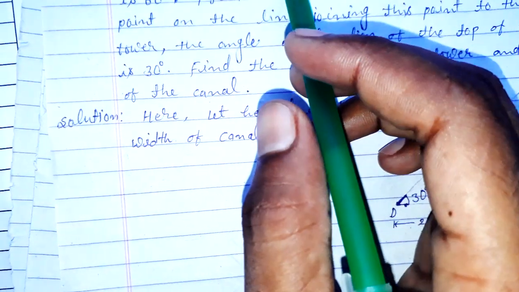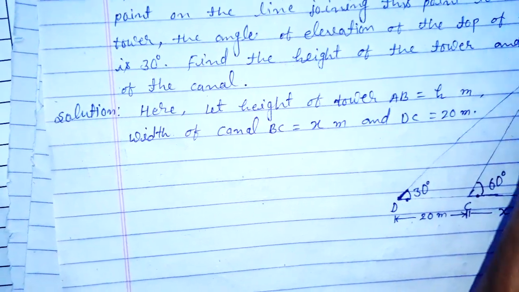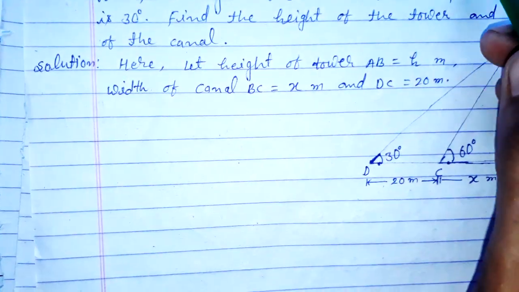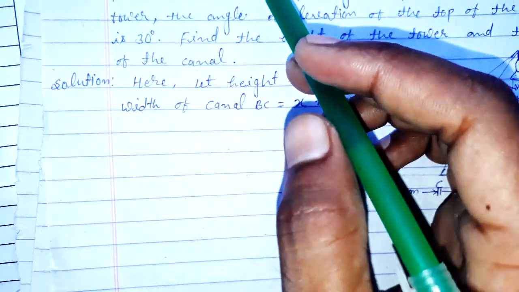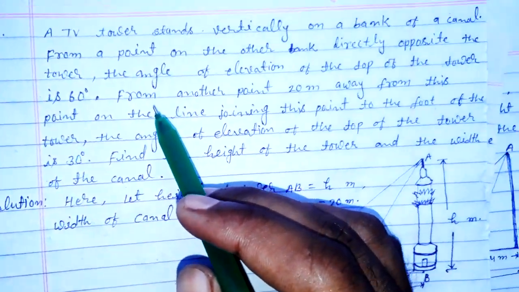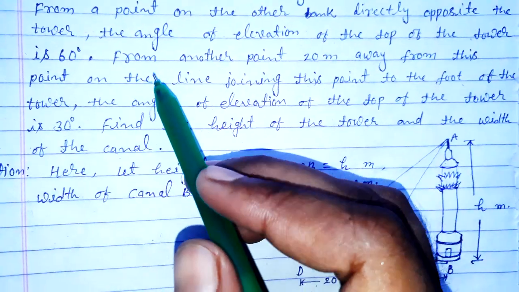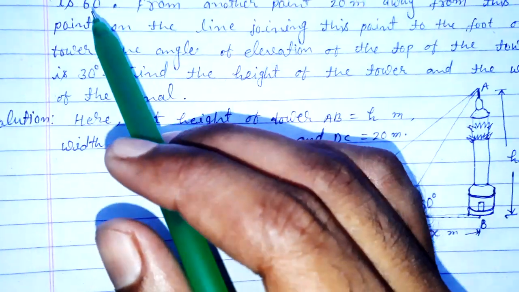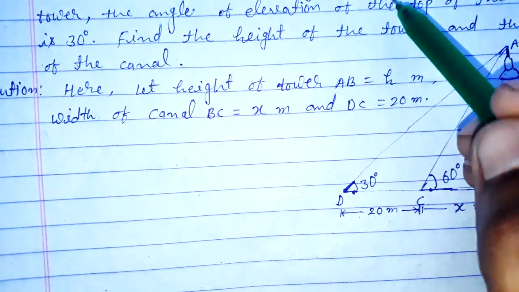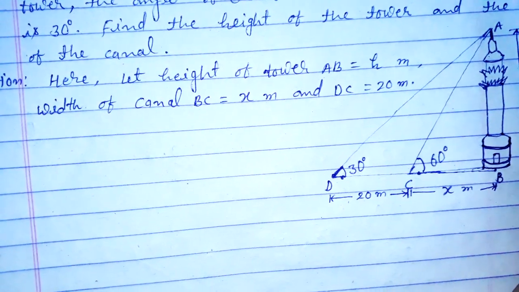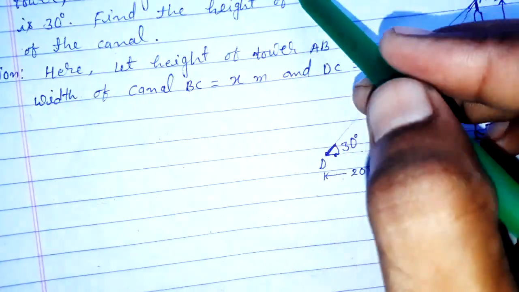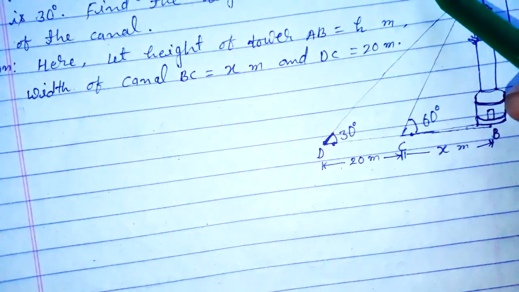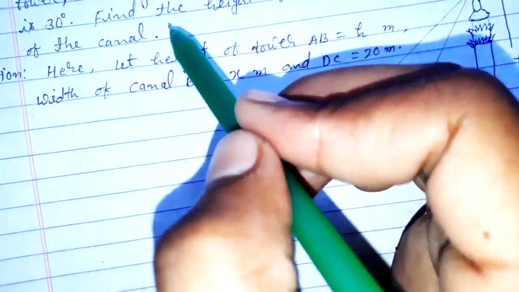From a point on the other bank directly opposite to the tower, the angle of elevation of the top of the tower is 60 degree. From another point 20 meter away from this point on the line joining the point to the foot of the tower, the angle of elevation of the top of the tower is 30 degree. Find the height of the tower and the width of the canal.